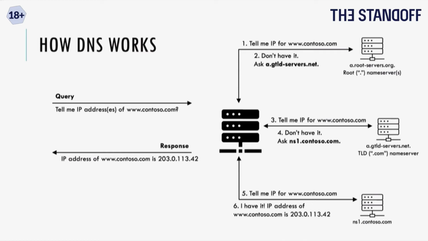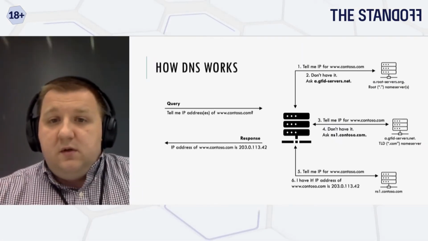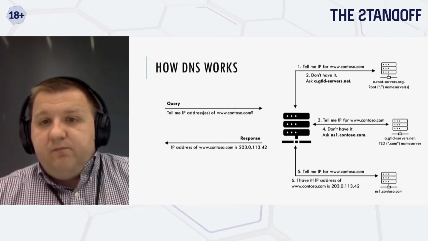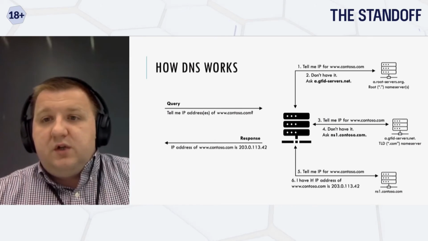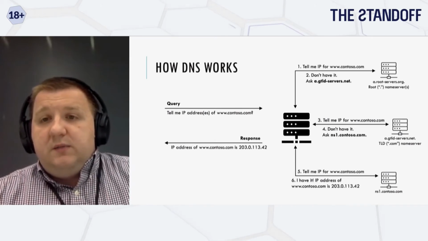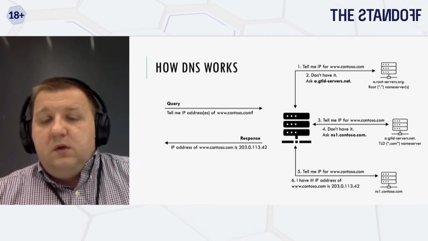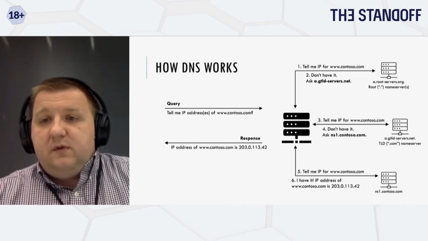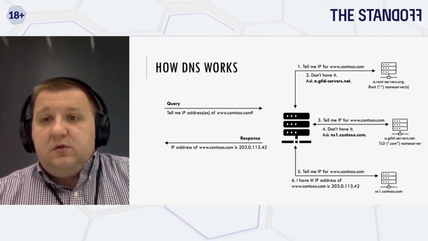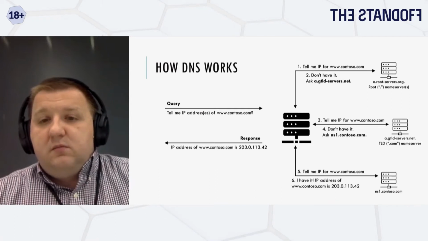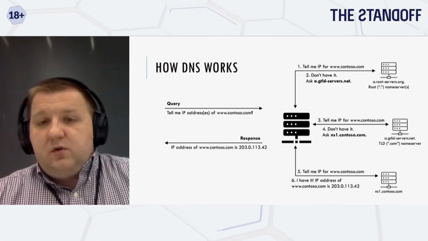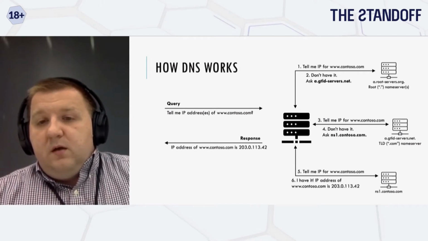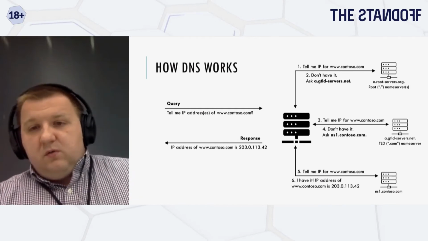It will say, well, I actually don't know the right answer to your question in full, but I know what the scope for .com is. And this is what we call a referral here. So the root name server will send a referral to a name server. Our recursive resolver will get this response, and it will actually send a query to the .com zone, requesting the IP address for www.contosa.com.